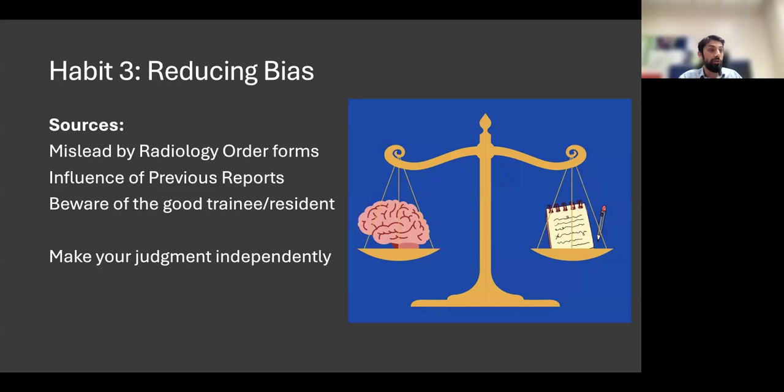Also, biases carry forward. I've had cases where it said 2-year follow-up, they've had 6 monthly scans for a specific thing, and someone in the beginning has called it malignant or low grade or some sort of malignancy, and it keeps getting followed up and it looks the same. Then when you look at it in an unbiased way, you think, well, this looks completely benign.